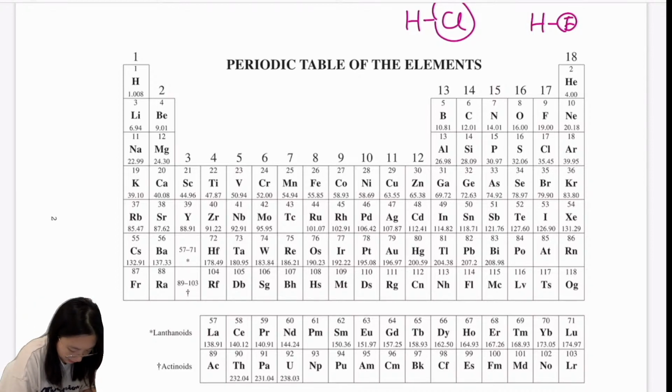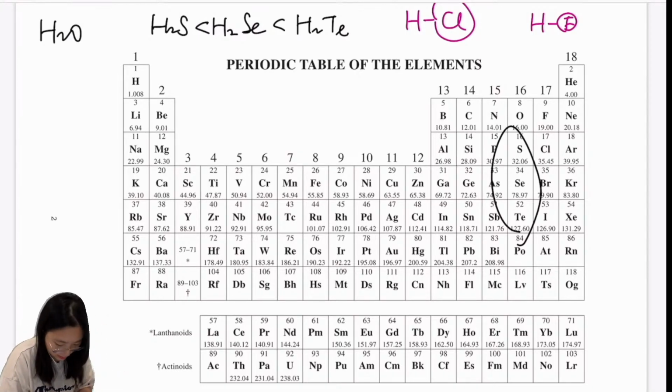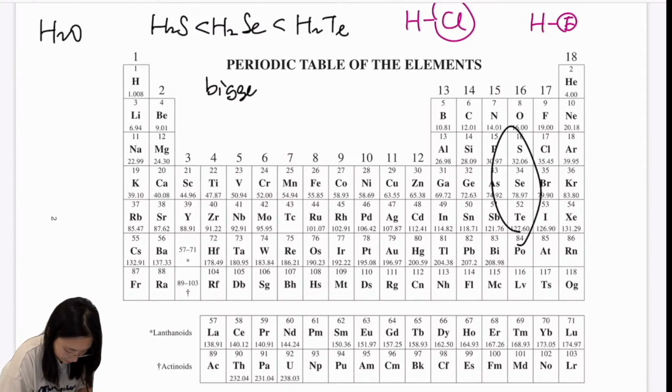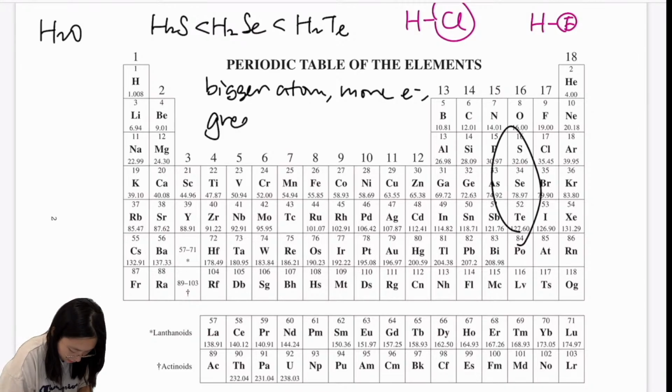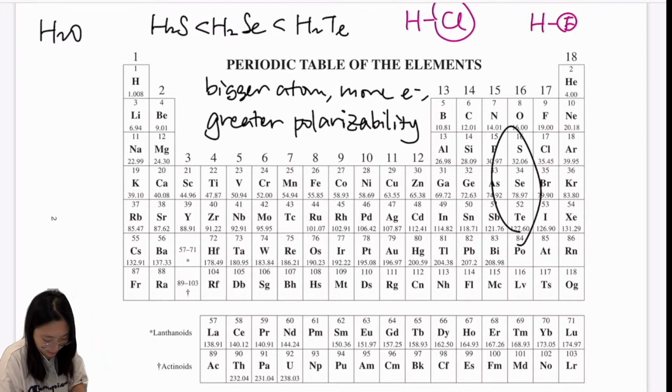So H2O has the highest boiling point, and out of the other 3, it's going to be H2S less than H2Se less than H2Te, because when you go down, a bigger atom means more electrons, more electrons means larger polarizability, and larger polarizability means a greater London dispersion force.